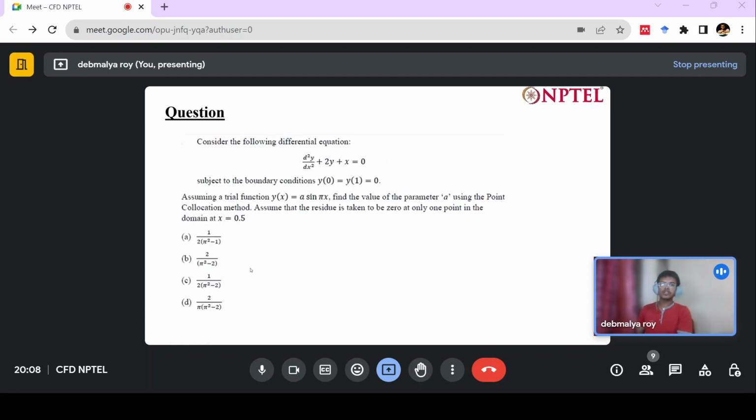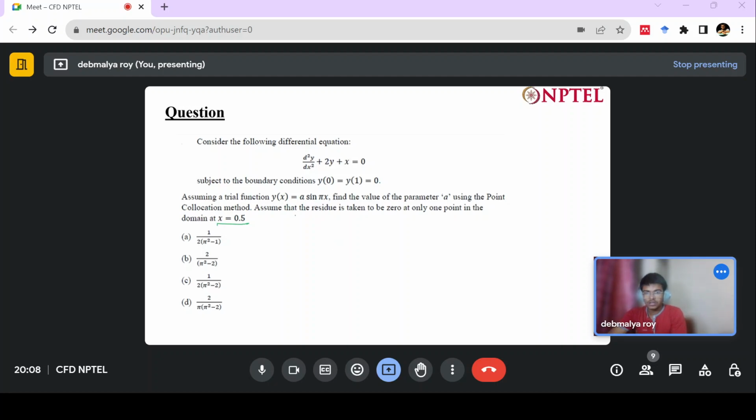We have the same question again, and now we have to use the point collocation method. Here it is given that at x equal to 0.5, we want the residual to be exactly 0.